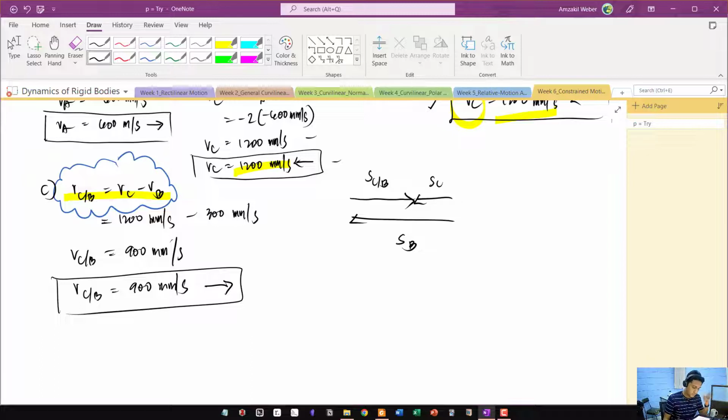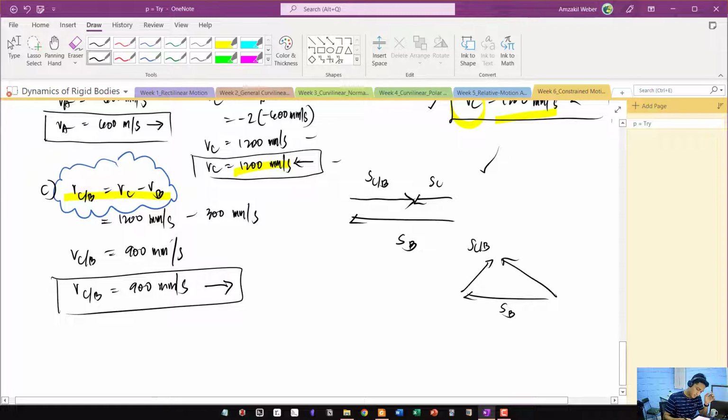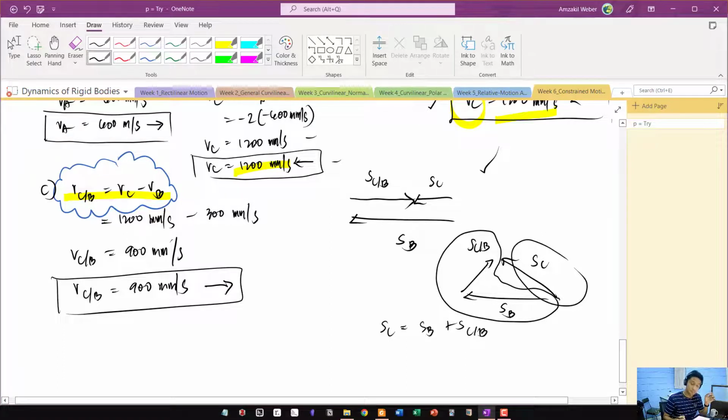Now, to see it in terms of the polygon, if this is indeed correct, let's try. This would be SB, SC/B, and then SC. As you can see, the vector sum of these two equals SC, which is SC equals SB plus SC/B.